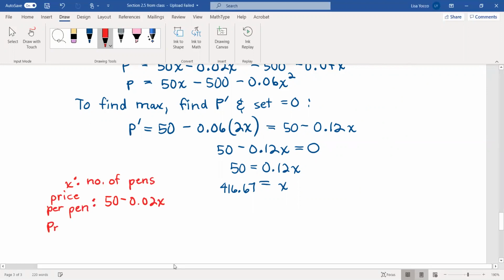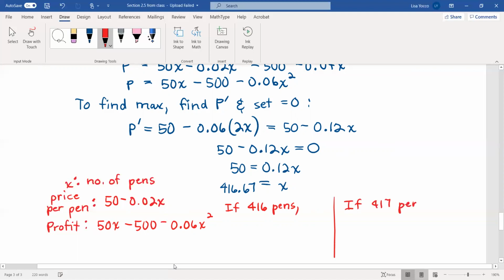And then the profit, that's right at the top of my screen. That's the 50x minus 500 minus 0.06x squared. Okay, so is it 416? If it's 416 pens, let's see what happens. And if it's 417 pens, and that's just getting kind of technical, but it's okay.